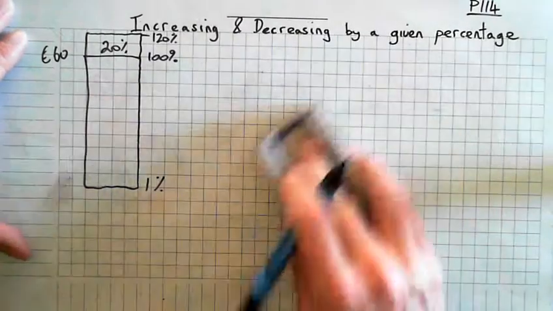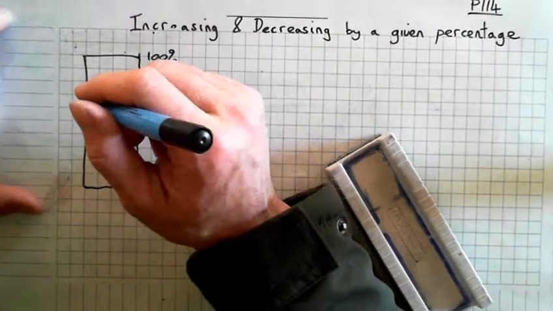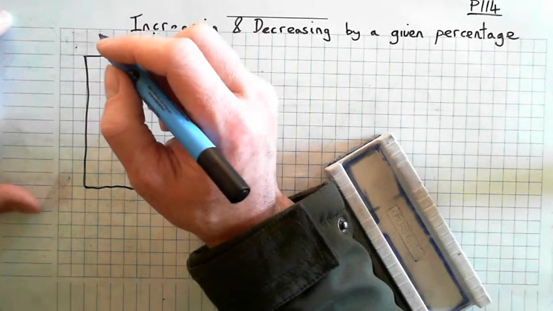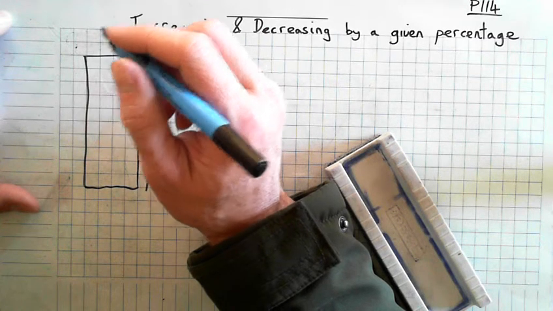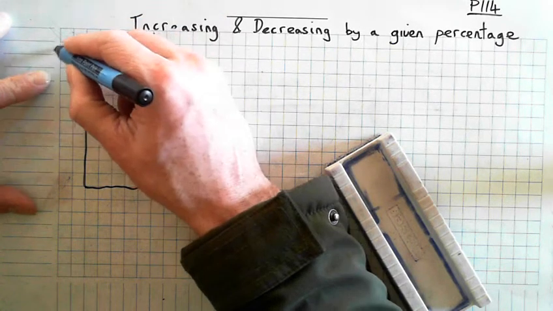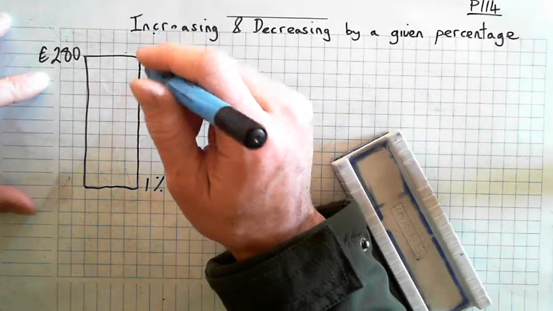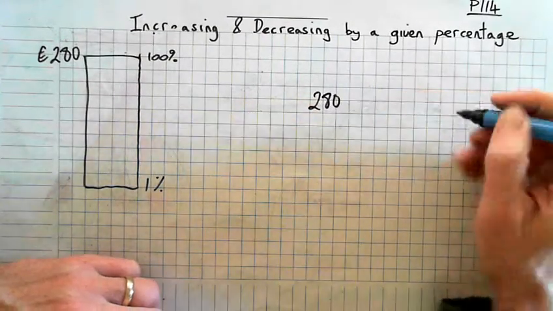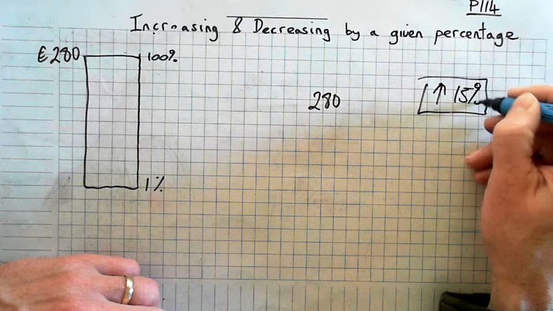Another example. Let's see if we can find one. Well, let's say €280, and we're going to increase it by 15%.